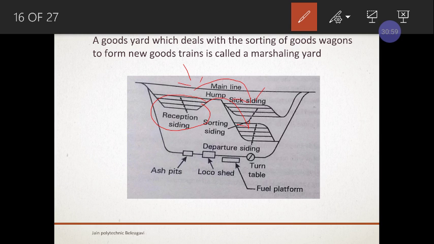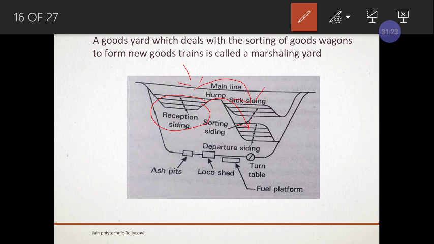For the wheels of the bogies, oiling, cleaning, all this servicing is done for the wagons. Sorting, arranging, cleaning, and servicing of those bogies is done in the sorting compartments.